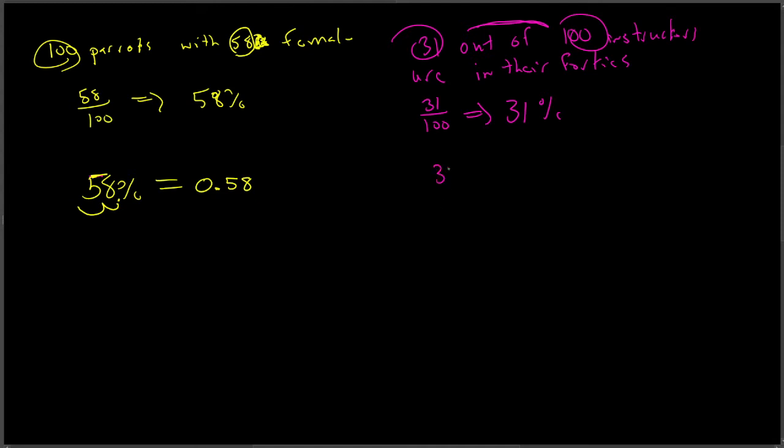And 31%, we move the decimal place twice to the left, and get 0.31. So I can write any percentage as a decimal. If I have 49%, I'll move the decimal place 2 to the left, and I get 0.49.